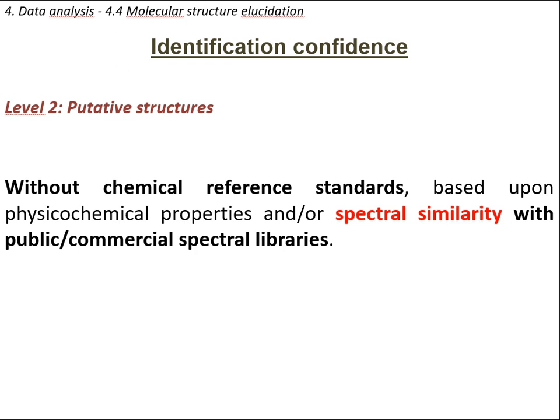You can use databases. This is the level at which most metabolites in most studies are identified. So we can expect that there are many false identifications in those papers. Well, this is the state of the art, and this will improve with time and with the methods of identification.